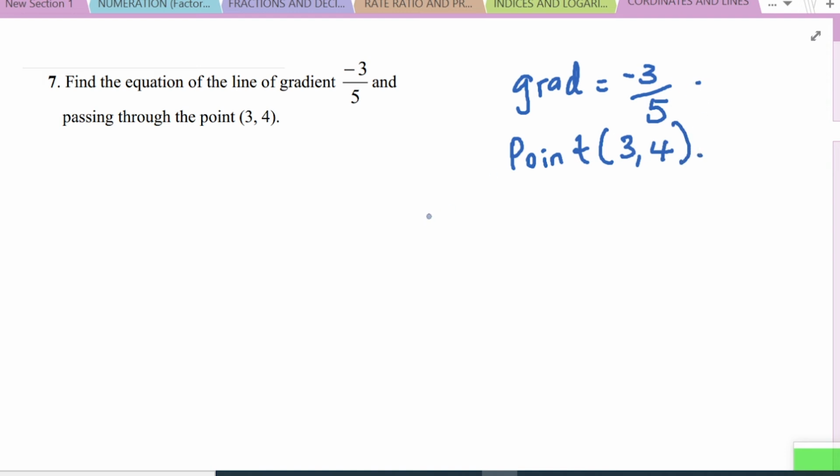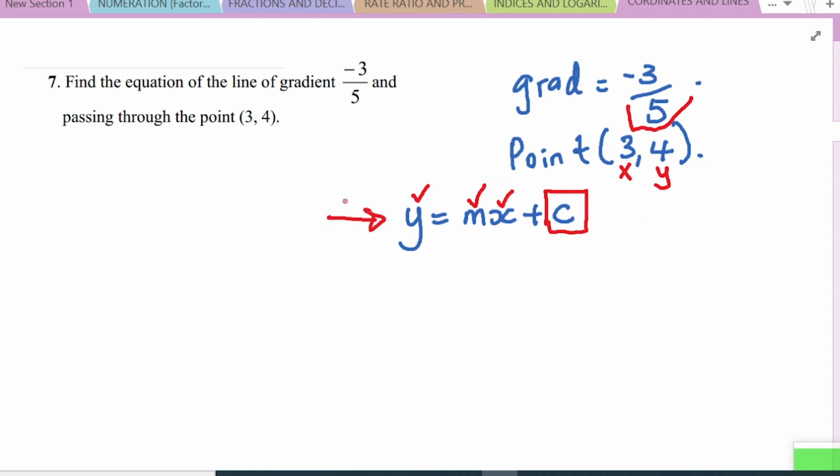Okay, so we know that the general equation of the line is y is equal to mx plus c. So from here we have a gradient, so we have the value of m, we have a value of x, and we have a value of y. So let's go ahead and find the value of c. And then after finding the value of c, we shall come back and substitute it into that equation.